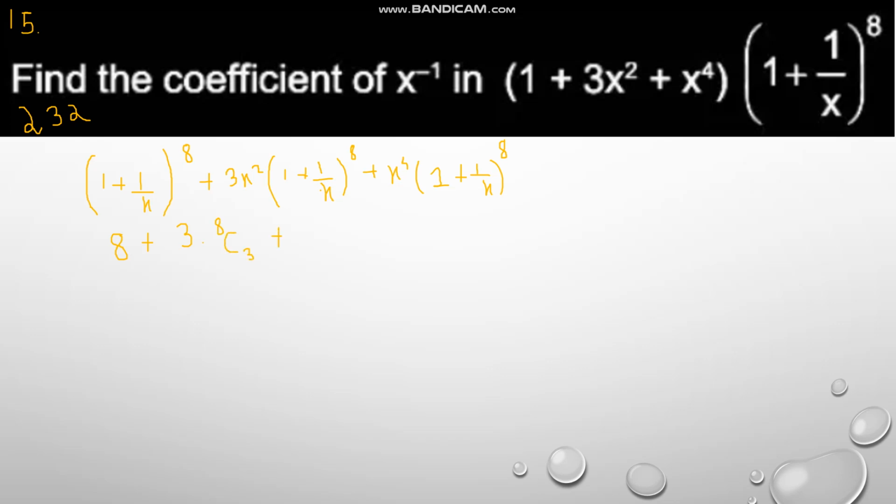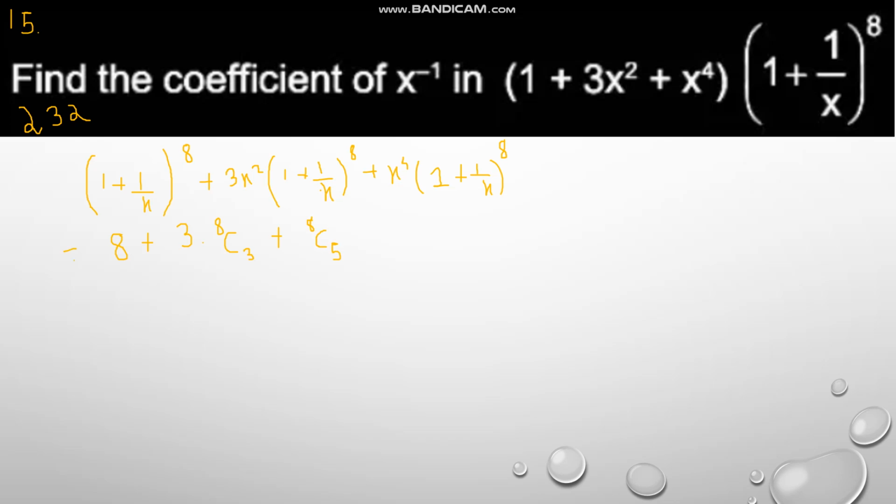Then we have to add another. There is x to the power 4. So we need to find x to the power minus 5, which is the sixth term of the expression. So we can write here another 8C, not 6, it must be 5. This is a confusing part of binomial theorem.